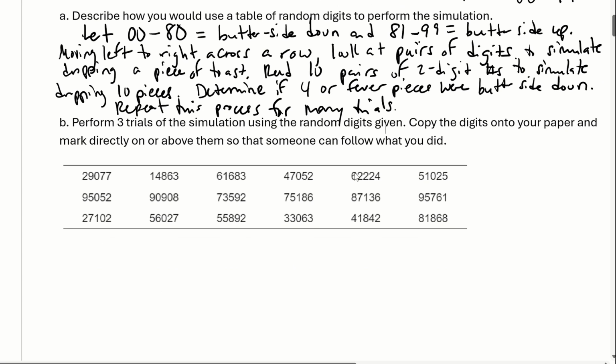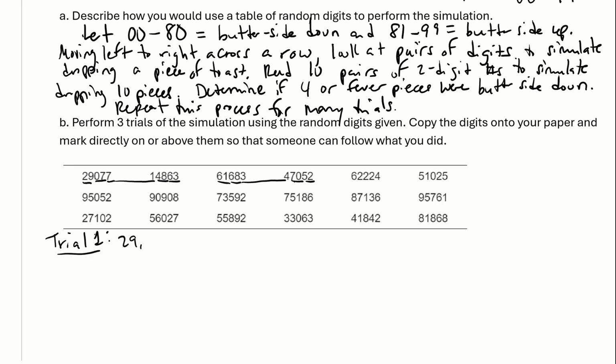Okay, so we're gonna do this trial. So we got 1, 2, 3, 4, 5, 6, 7, 8, 9, 10 numbers. So that's trial 1. We have 29, 07, 71, 48, 63, 61, 68, 34, 70, and 52. And these are all butter side down.